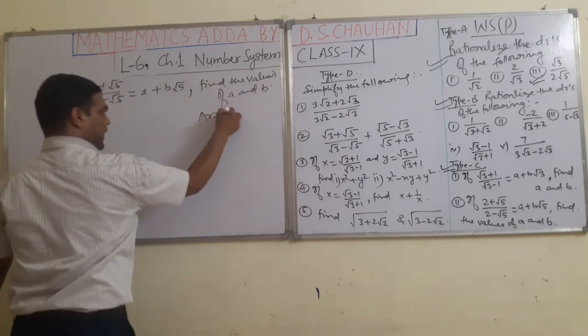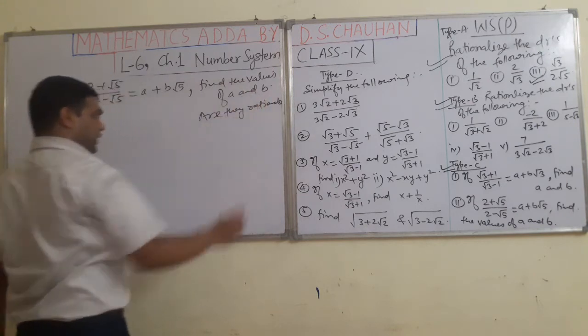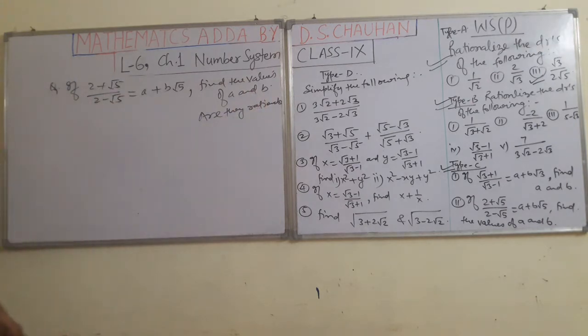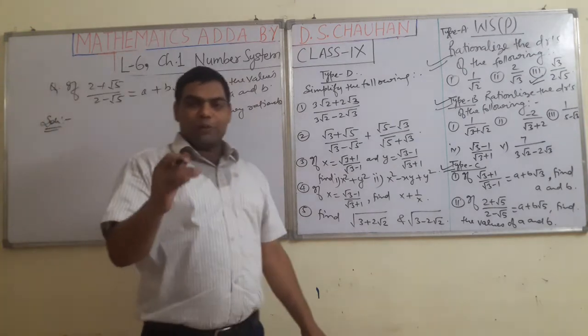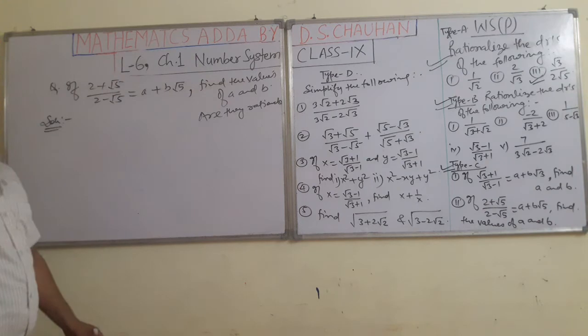Are they rational? It means we also have to check that a and b are rational. If these are rational, we can convert them into the form p by q easily. Now the solution, how to do it? Students, no need to get worried. How to proceed? As you proceeded in the previous question, in the same way you have to proceed.